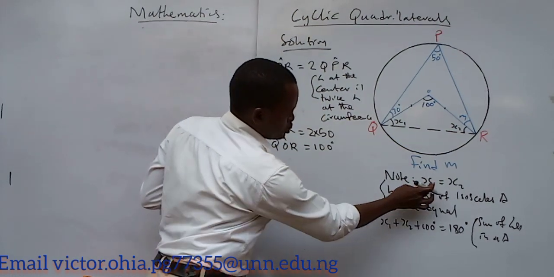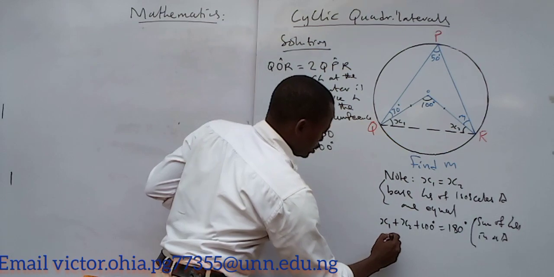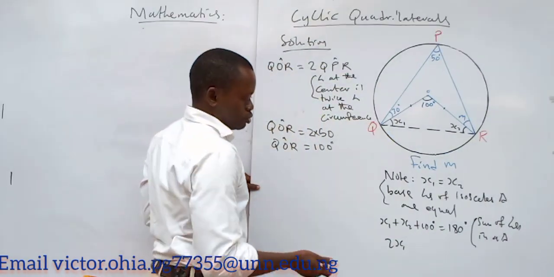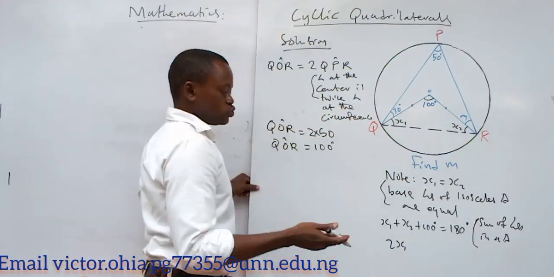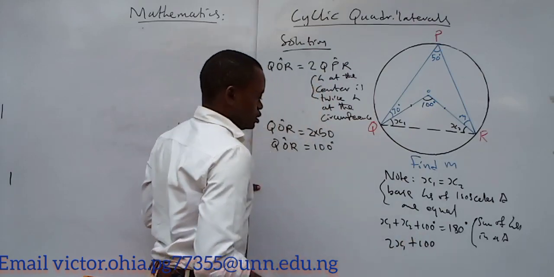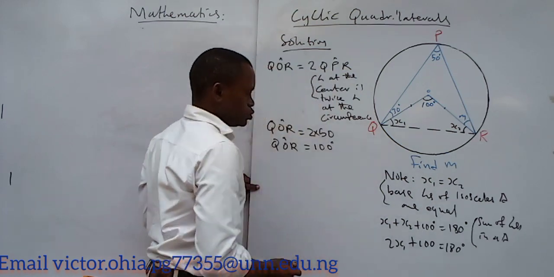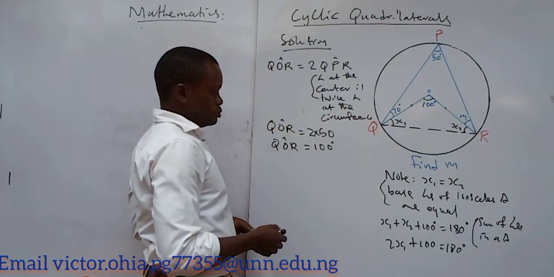Now, having defined this to be equal to this, permit me to write 2x1 or 2x2, because both are the same thing. If I write 2x1 for both of them, I didn't commit any error there, equals 180 degrees.